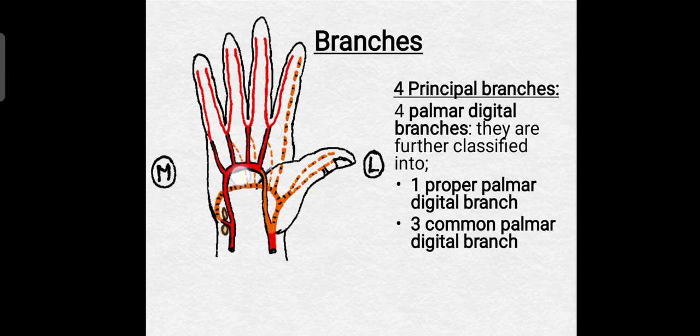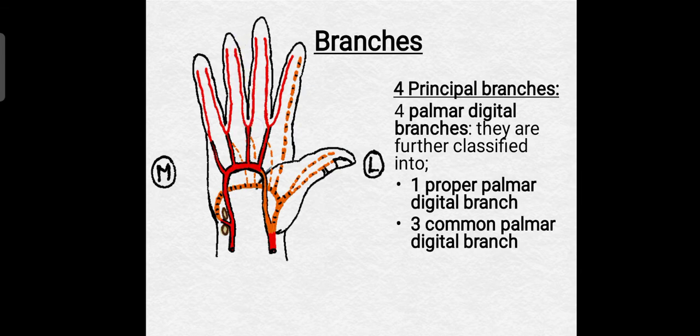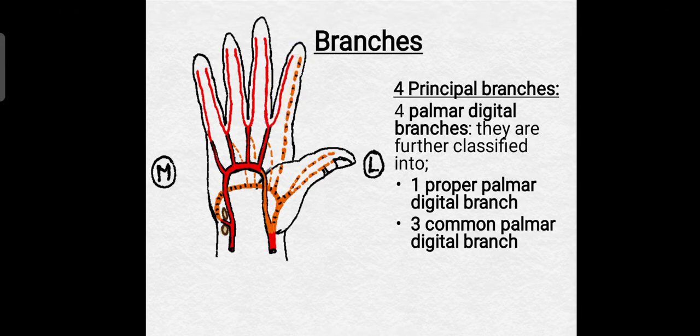They are like arising from the superficial palmar arch. Then it divides into two branches and supplies the adjacent sides of little finger and ring finger here. Then the ring finger and the middle finger adjacent sides here. Then the middle finger and index finger adjacent sides.